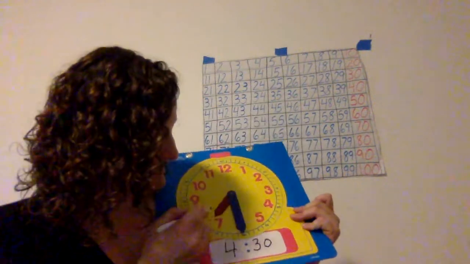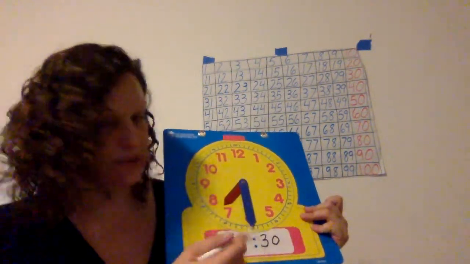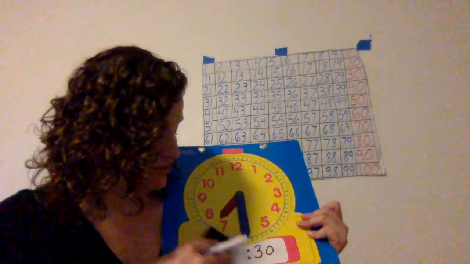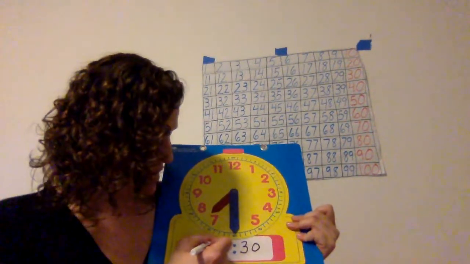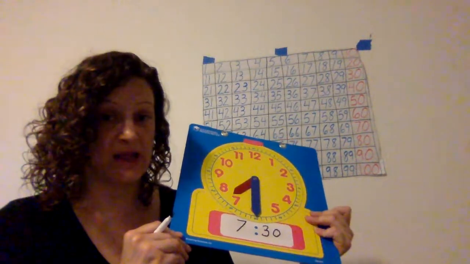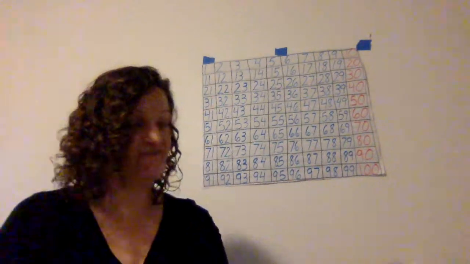So this here, you can see my red hand is past the 7, so it is 7:30. I'm going to grab our other clock and we're going to practice some more of telling time to the half hour. Give me one moment.